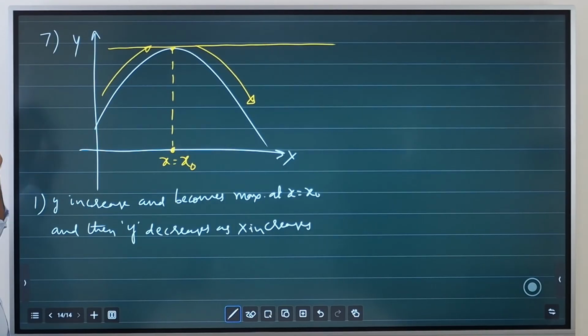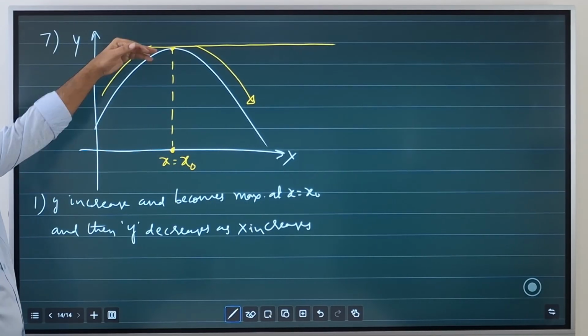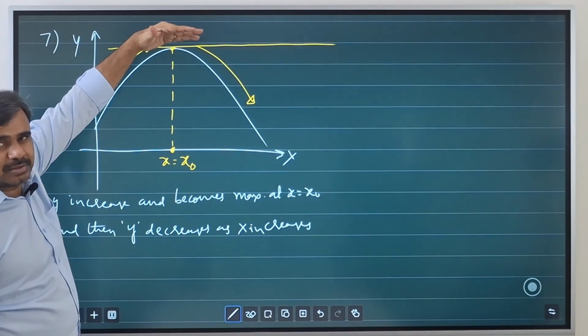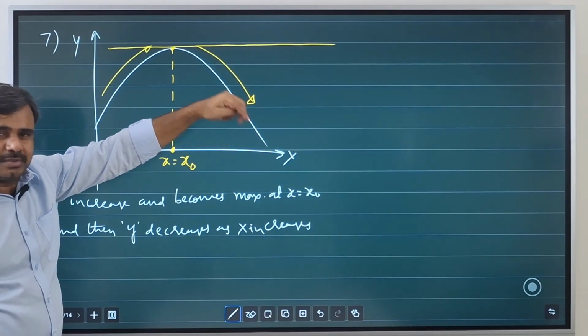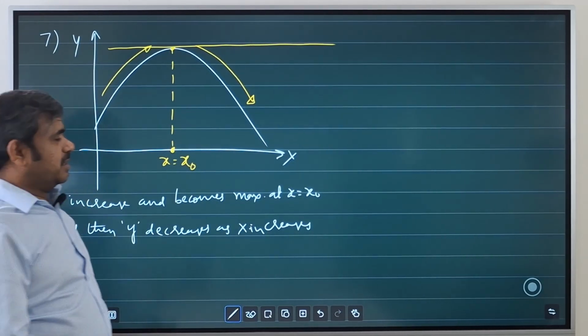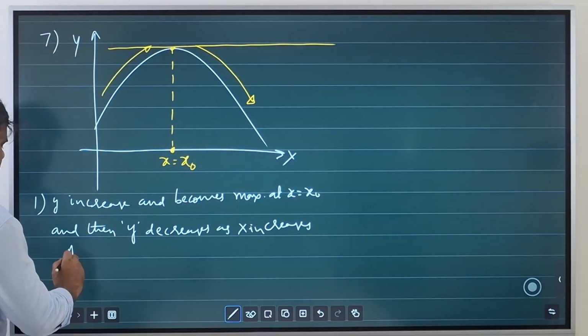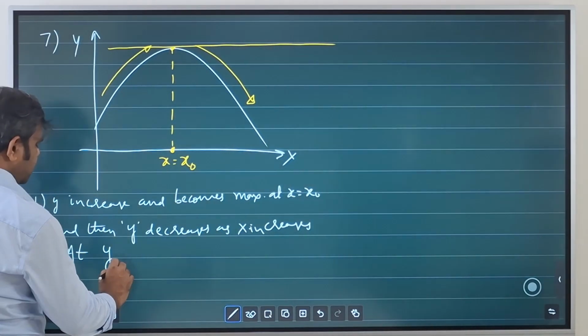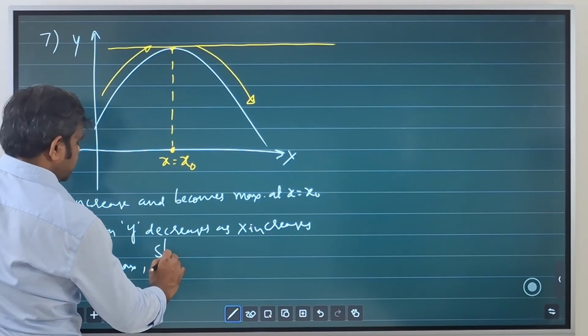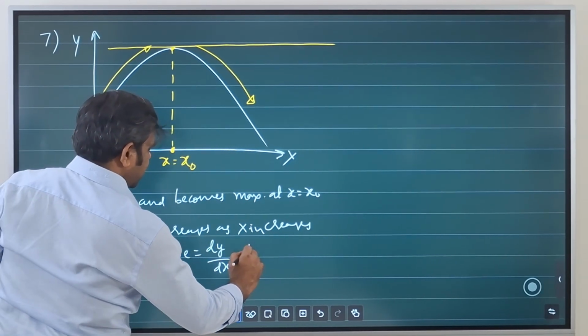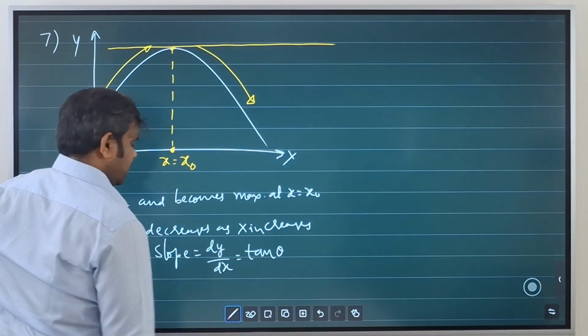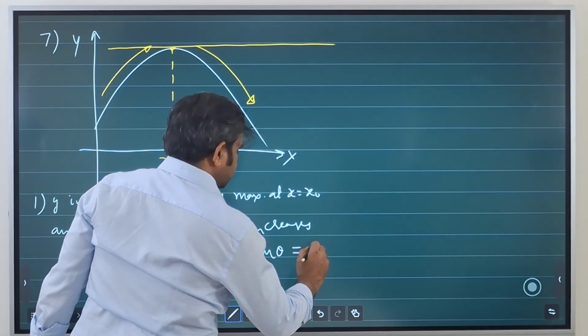Look at the slope. y increases at a decreasing rate. The rate becomes 0 here. And later, y decreases at an increasing rate. So we can conclude that at the maximum value of y, slope dy by dx, or tan theta, where theta is the angle made by the tangent, is 0.